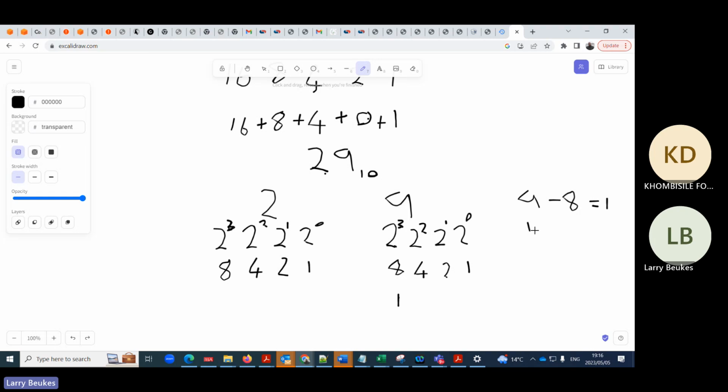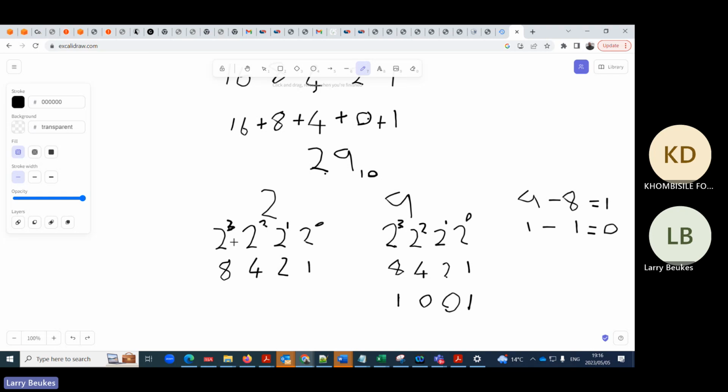Do we say 1 minus 4? Nope, because 4 is big, so we put the 0 here. Do we say 1 minus 2? Nope, because it's big, so we put the 0 here. Do we say 1 minus 1? Yes, so we put the 1 here.